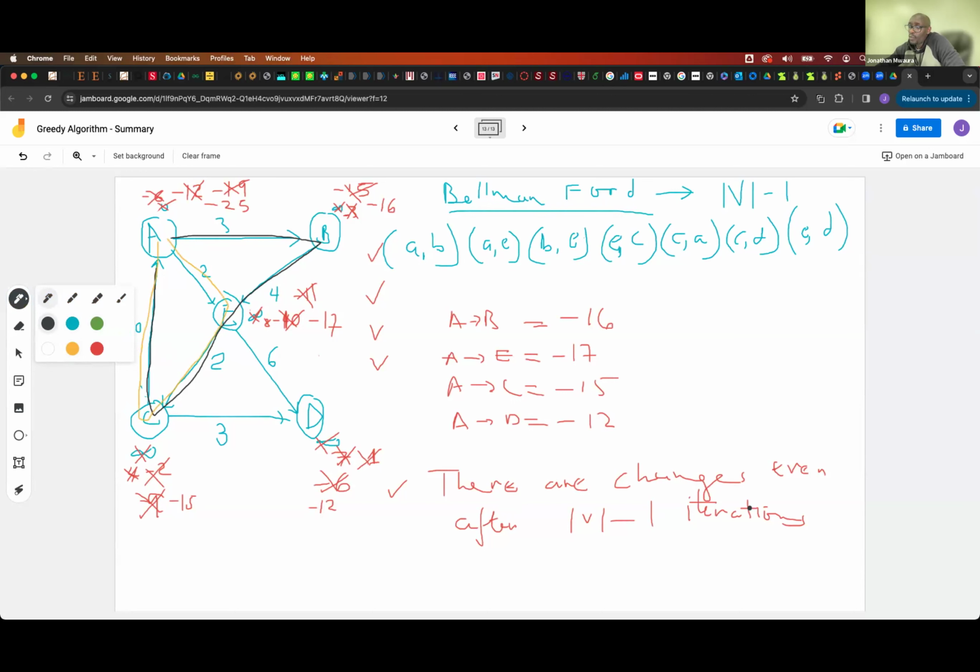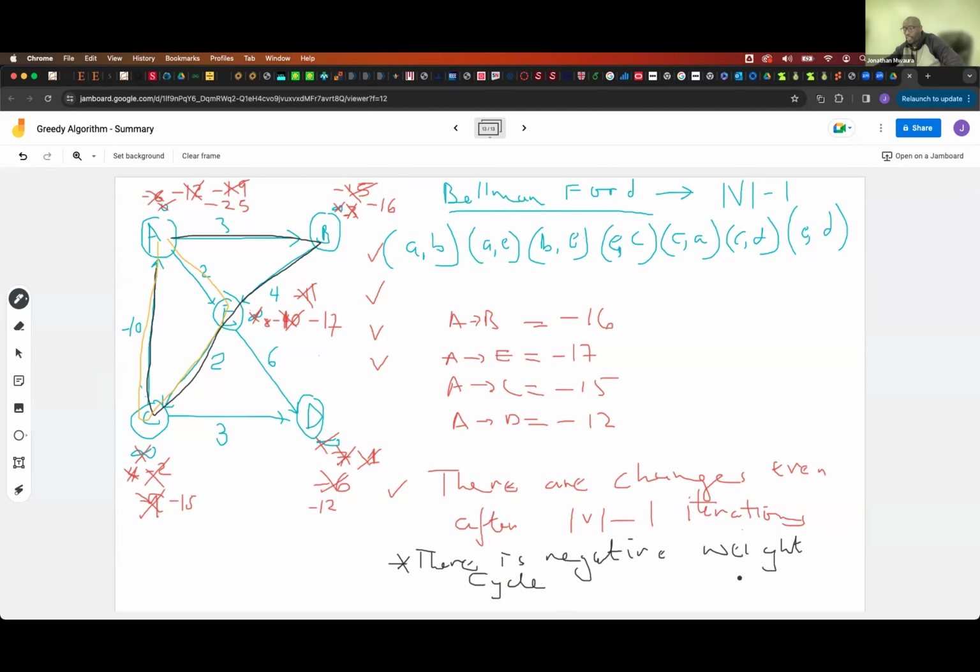After we do V minus 1 times, we realize that we keep changing, which essentially tells us there is a negative weight cycle.